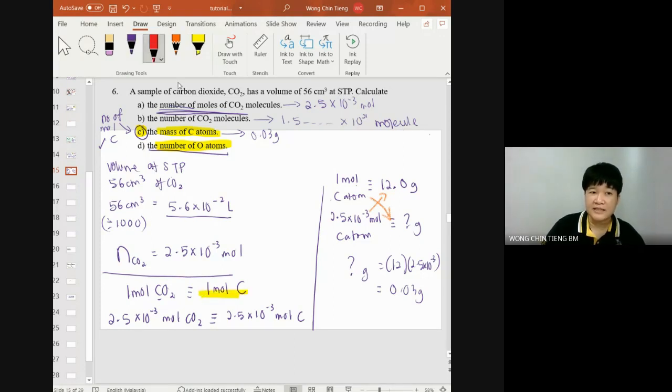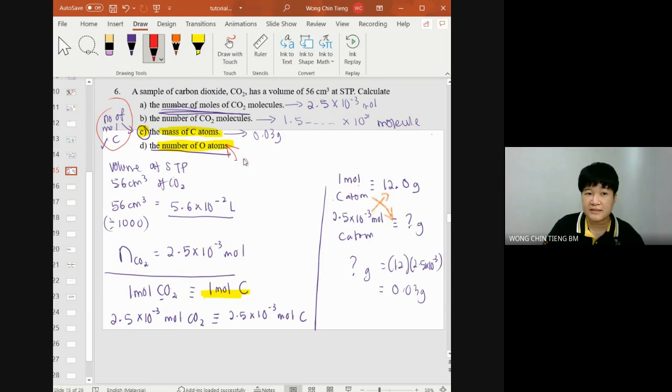Kalau tadi saya nak carbon atom, saya kena cari number of mole carbon. Sekarang kalau saya nak oxygen atom, saya kena cari number of mole oxygen. Nampak? Exactly the same method.